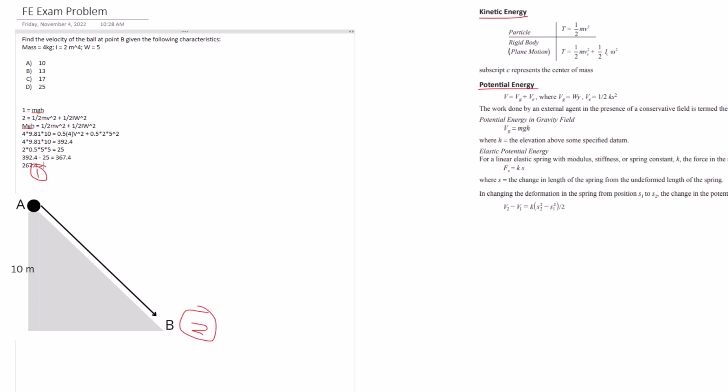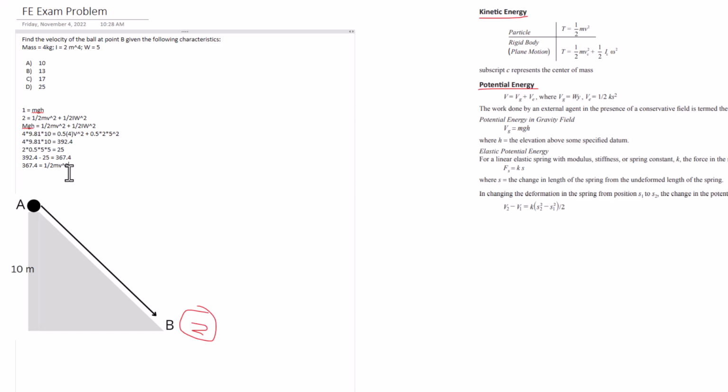Let me erase this point 1 here so that we can see what we're doing. Okay, so we have 367.4 equals now the 1/2 mass times velocity squared.